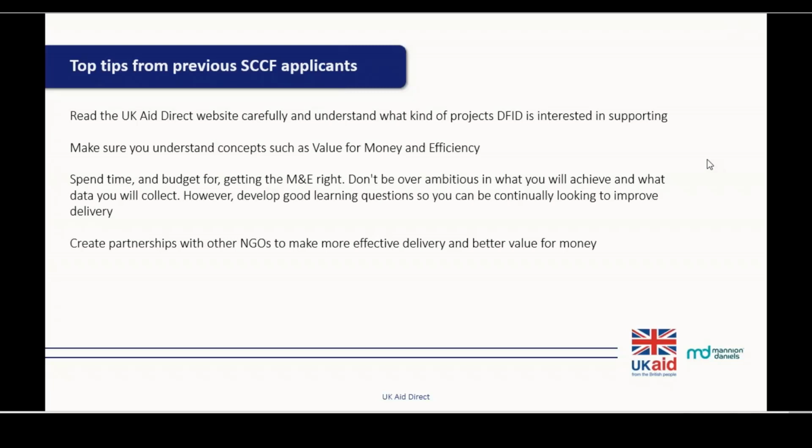They recommend you make sure you understand value for money and efficiency, spend time and budget for getting your monitoring and evaluation right. Don't be over ambitious in what you'll achieve, as I said. And do think about creating partnerships with other NGOs to more effectively deliver your project and provide better value for money.